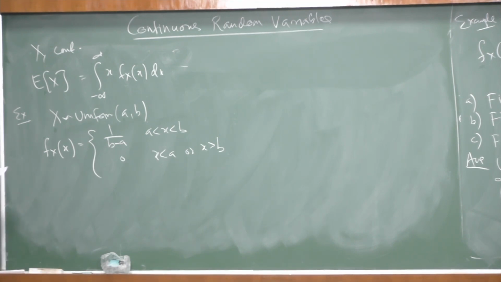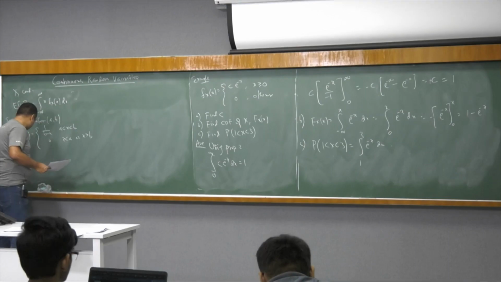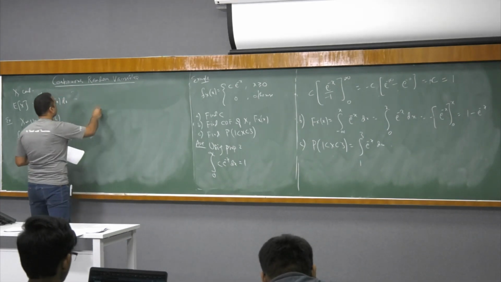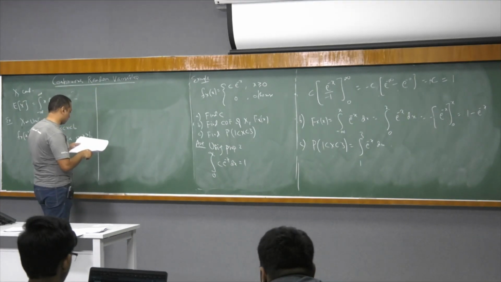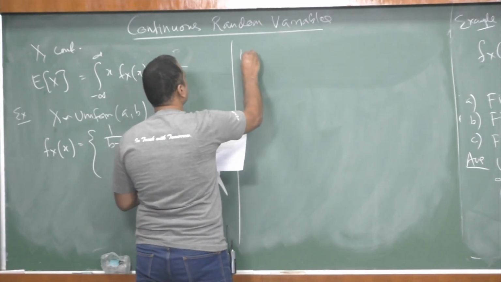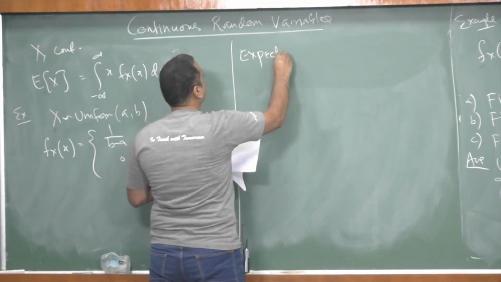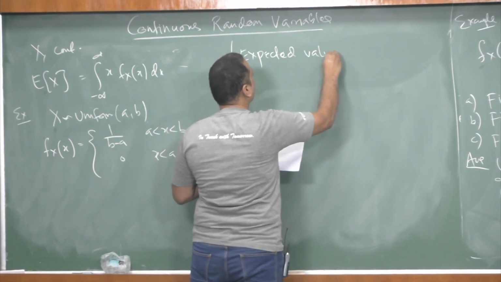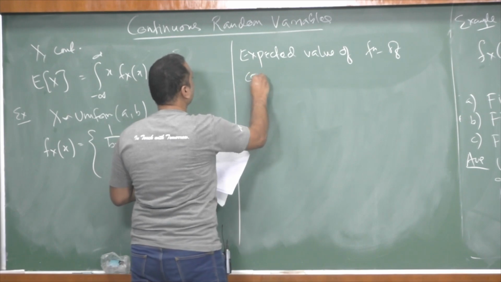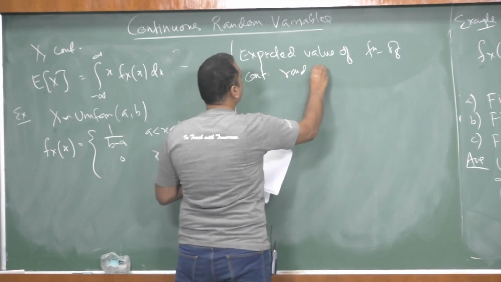Okay, so now we can also have expectation of function of a random variable, which we also did in the discrete case. So it's extension of that. So expected value of function of continuous random variable.